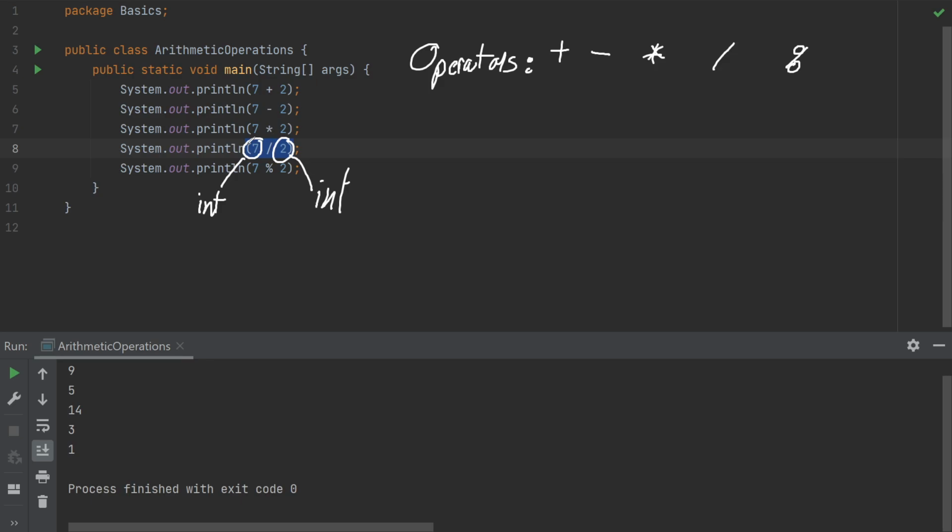It might select a short or something, but it's picking a whole number rather than picking our two floating types, which are float or double.